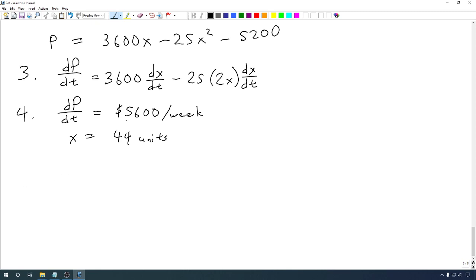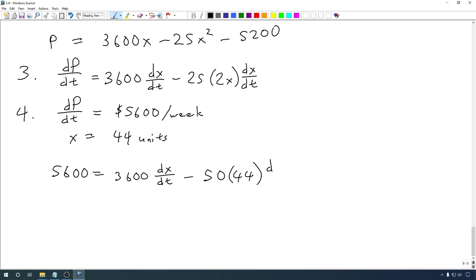Well, we just go ahead and plug in their values, replace the dP/dt by 5600. That's going to equal 3600 dx/dt. We don't have a value for that yet. I'm going to go ahead and combine the 25 and the 2, so just a minus 50 times x, which is 44.